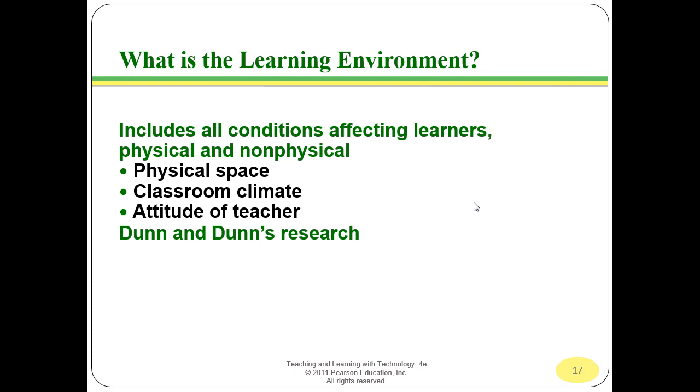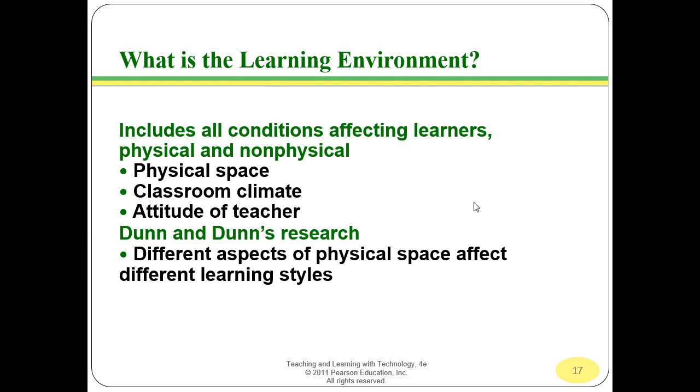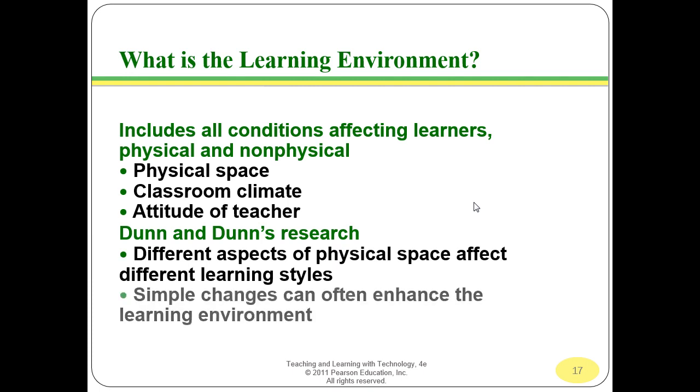And I've already mentioned the attitude that you and I bring to that class. Dunn & Dunn's research says that different aspects of physical space affect different learning styles. And sometimes some very simple changes can enhance the learning environment.